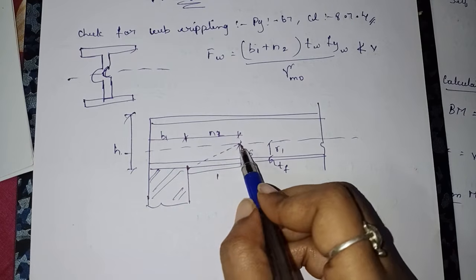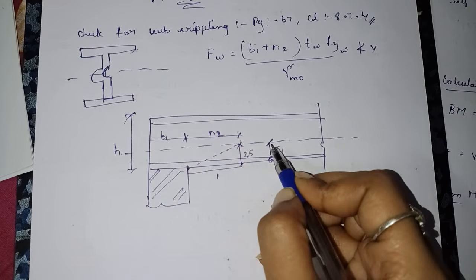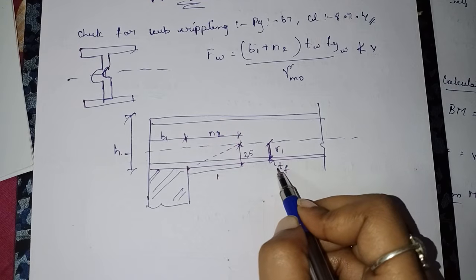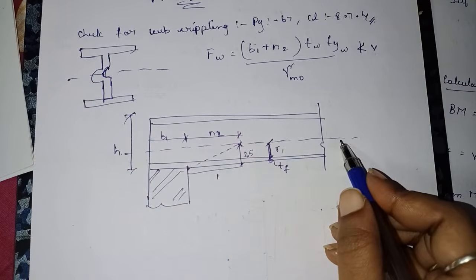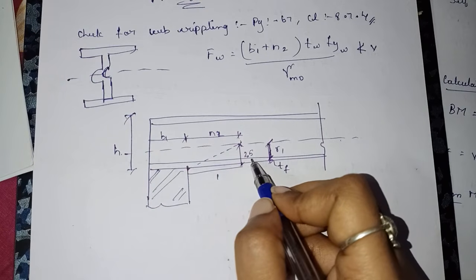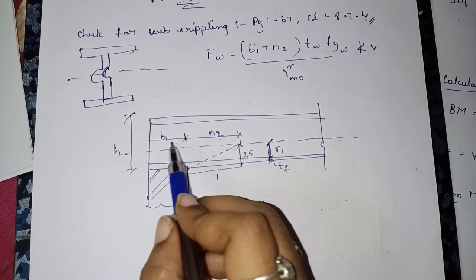If you draw the line, that axis will be at a distance of r1. R1 is the radius, plus the thickness of the flange, that will be the critical axis. So that ratio is 1 is to 2.5. From here till here the distance is N2 and this distance is B1.